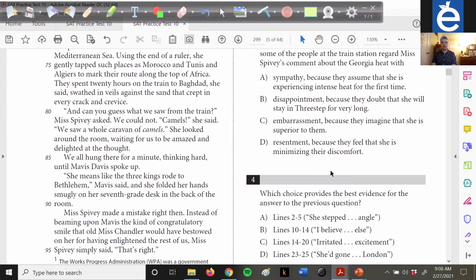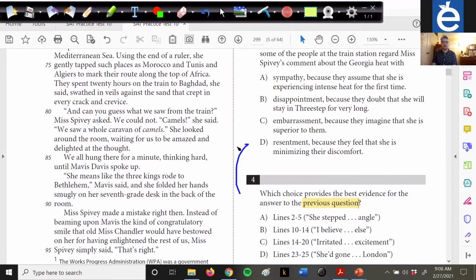Son of a gun, there is. Which choice provides the best evidence for the answer to the previous question? So these two are definitely connected and definitely both line questions. So we're going to answer those before we get to the broad ones, but we probably won't answer them first.